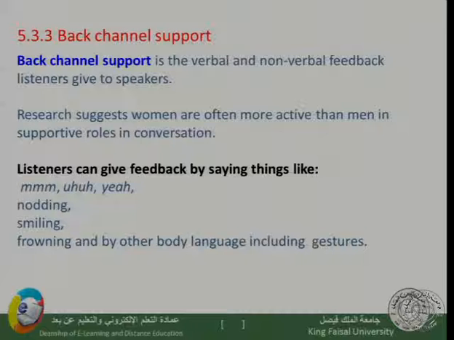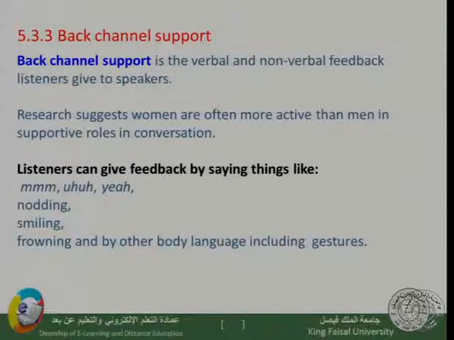Suppose I'm talking and there's somebody else who is listening to what I say. The listener will always need to give some feedback to the speaker, so that the speaker can either continue or stop talking, and the feedback will also show whether the listener is following what the speaker says or not.